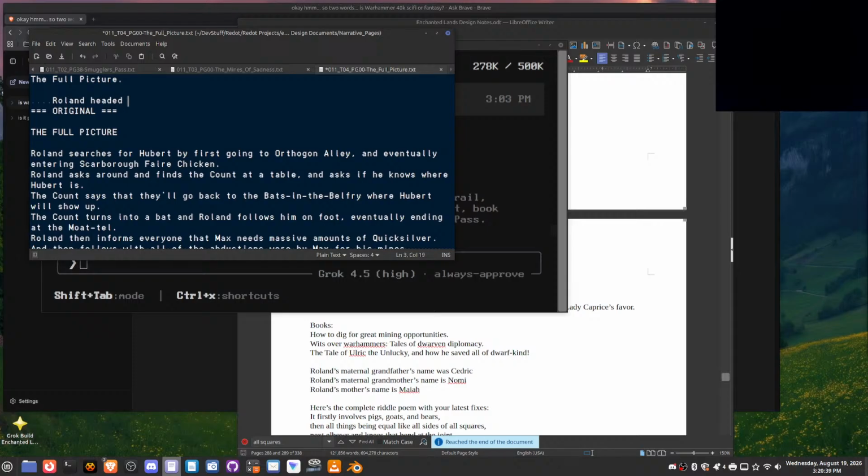One headed toward there. And then to Scar Fair Chicken.